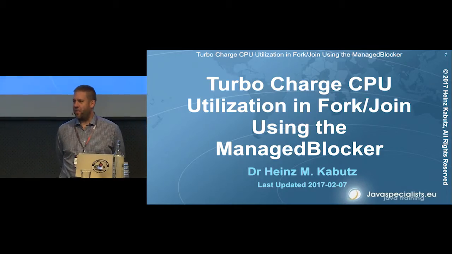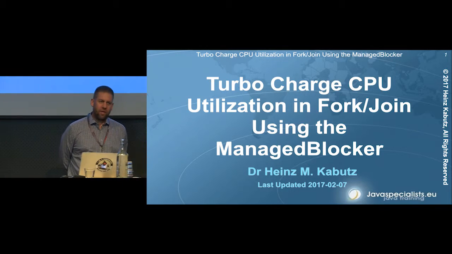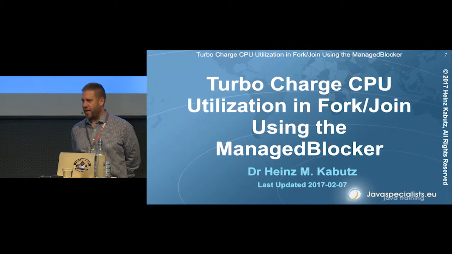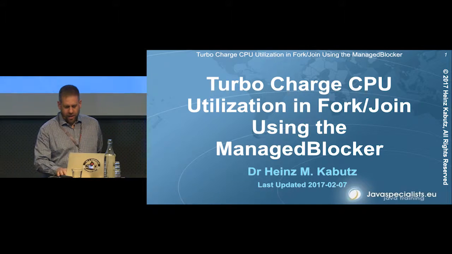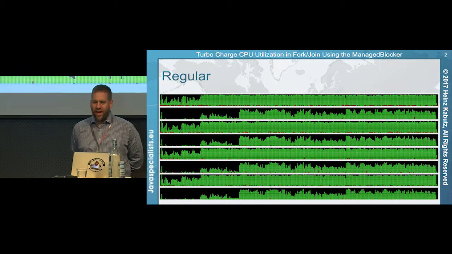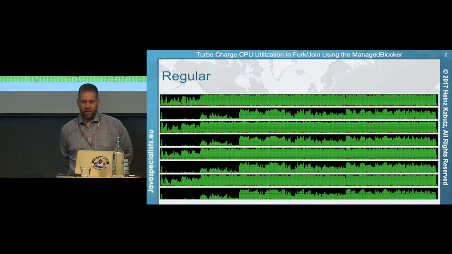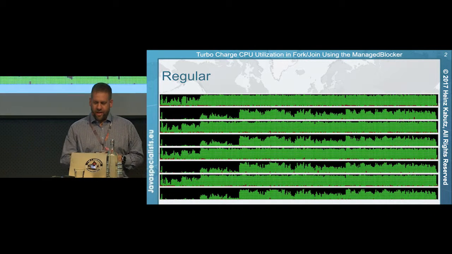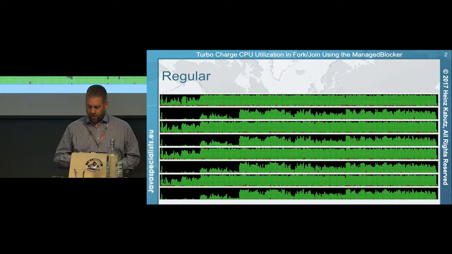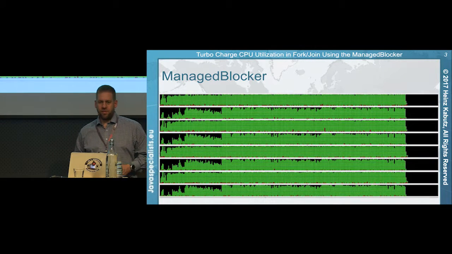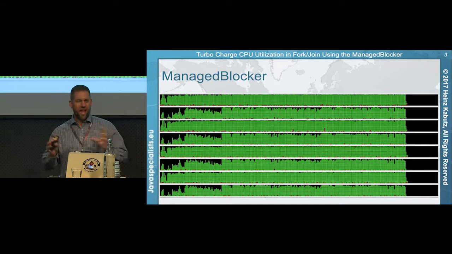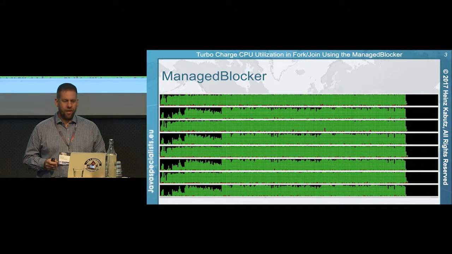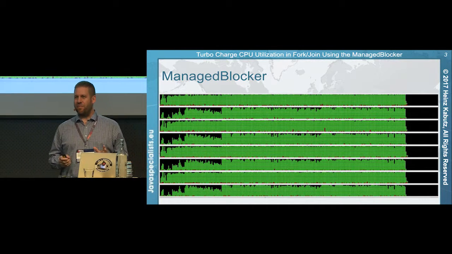So we want to look at how we can improve our CPU utilization when we use something like fork join. Here's a graph that's a regular one without ManagedBlocker. I'm going to talk about ManagedBlocker, and I'll tell you what it is in a moment. This is without ManagedBlocker, and this is with ManagedBlocker. It's the same basic code, but in the second one I'm using ManagedBlocker.